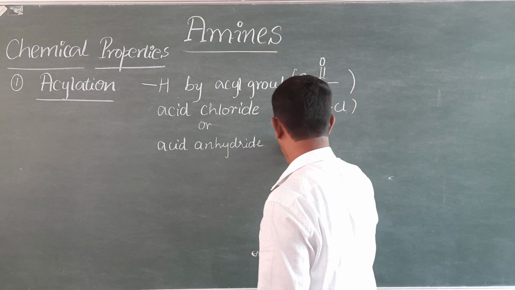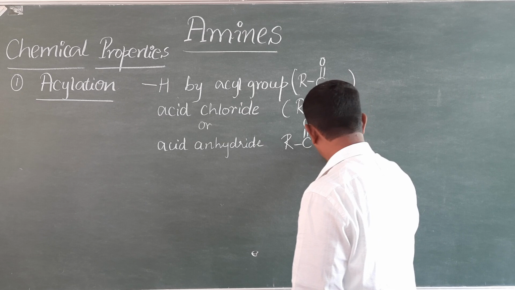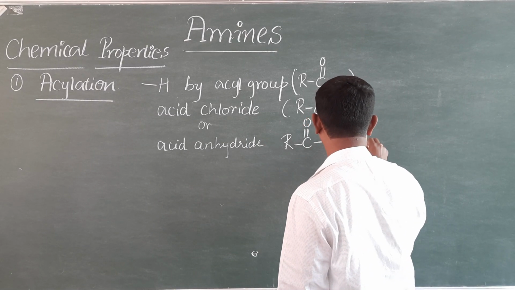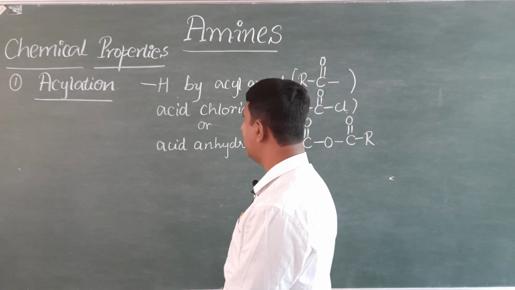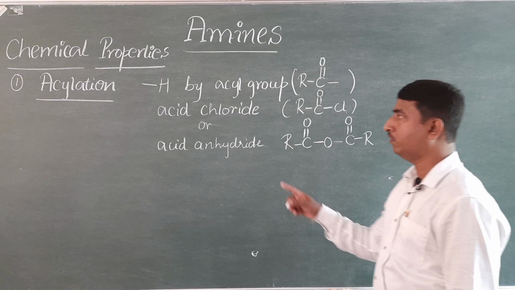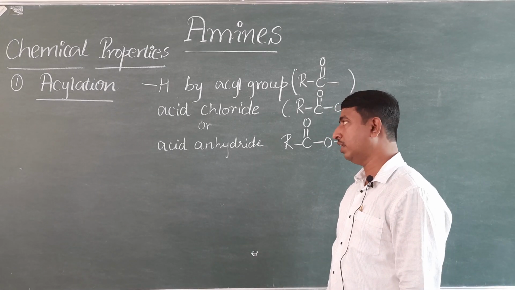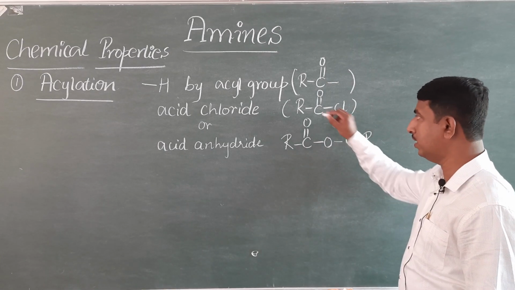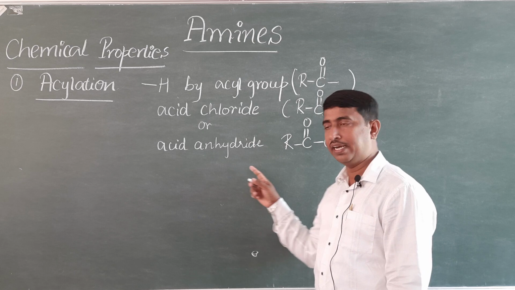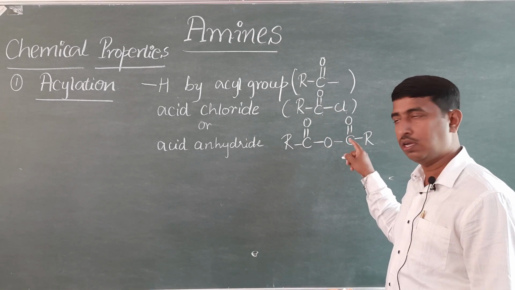So, acylation means replacing hydrogen by an acyl group. For acylation, we need either acid chloride, R C double bond O Cl, or acid anhydride, R C double bond O C double bond O R.